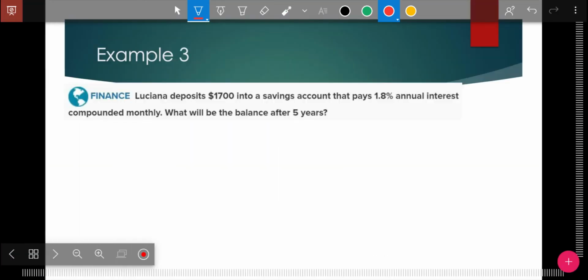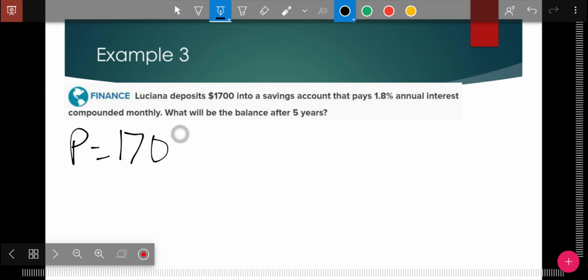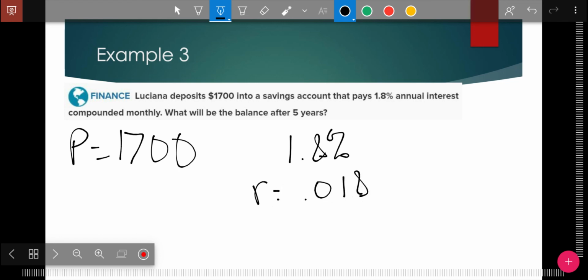And so Luciana deposits $1,700, and that is my principal. The interest rate is 1.8%. All right, so R is 0.018. Compounded monthly.